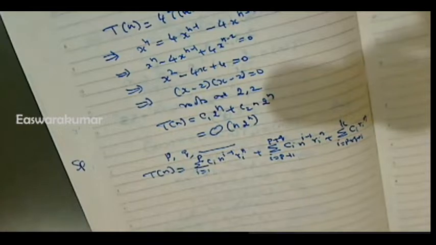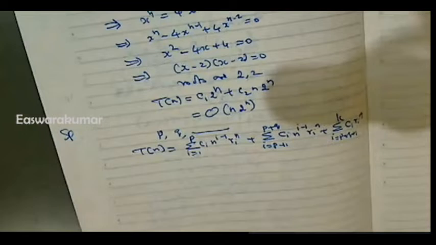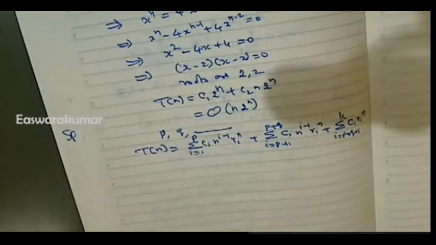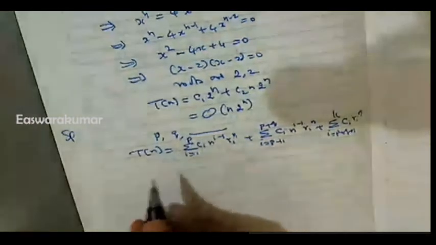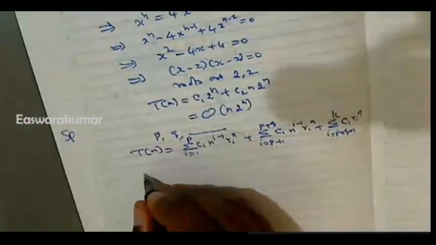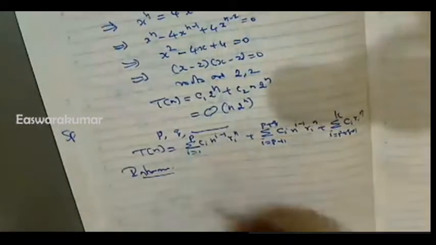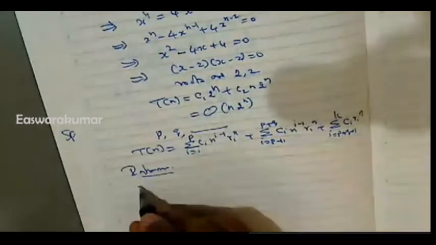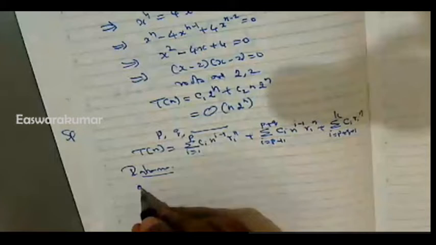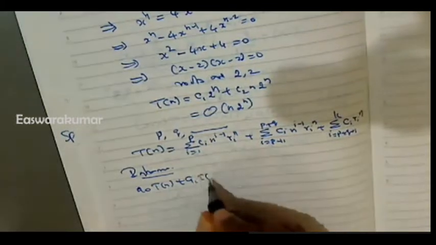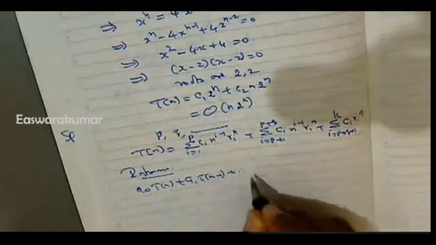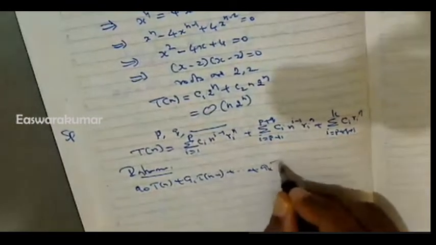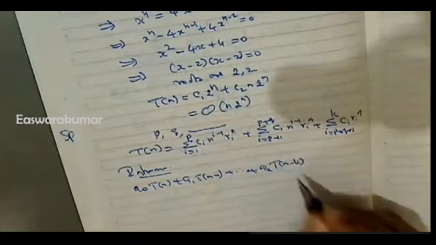But sometimes the algorithm complexity will be inhomogeneous. So the general format for the inhomogeneous recurrence equation is: the equation will be of the form a0 tn plus a1 tn minus 1 plus etc. plus ak tn minus k.